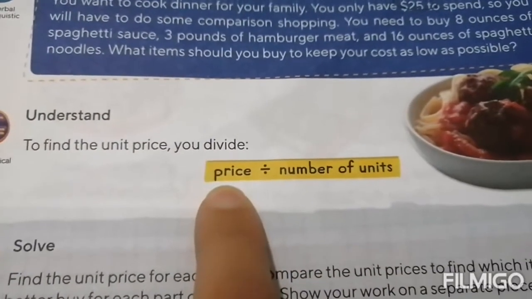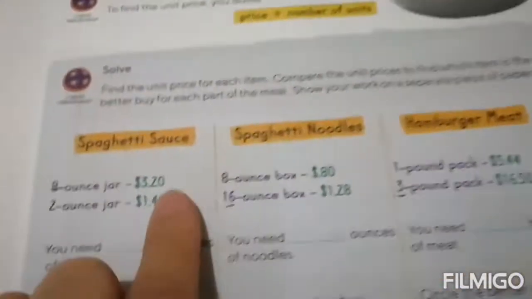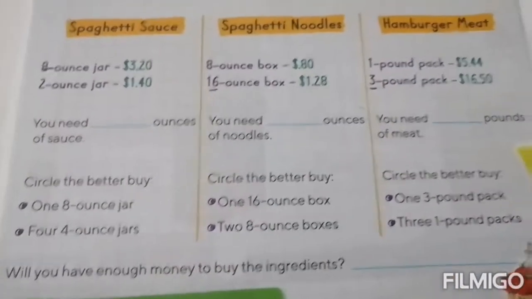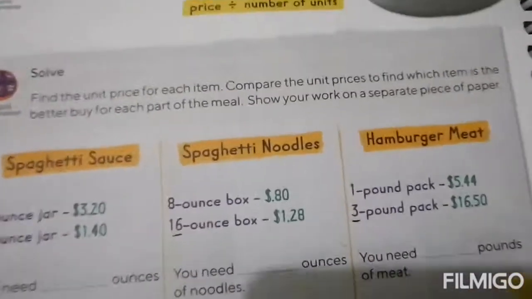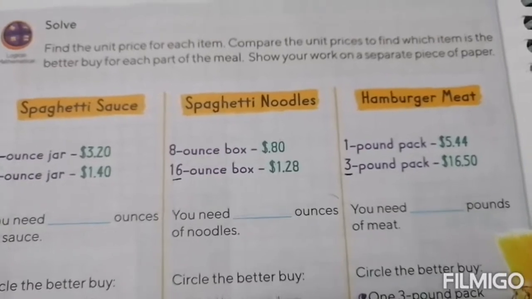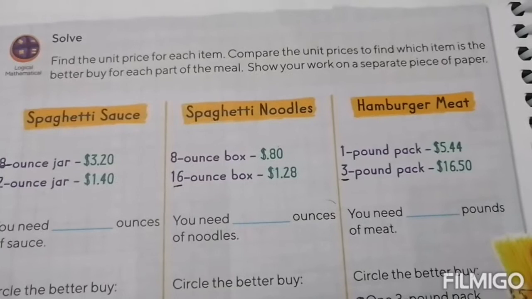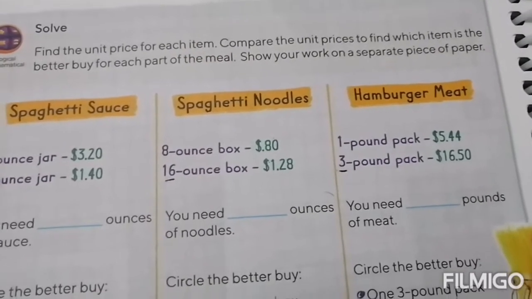The complete price divided by the number of units. So here you are going to solve it, finding the unit price for each item. Compare the unit prices to find which item is the best choice to prepare the meal.